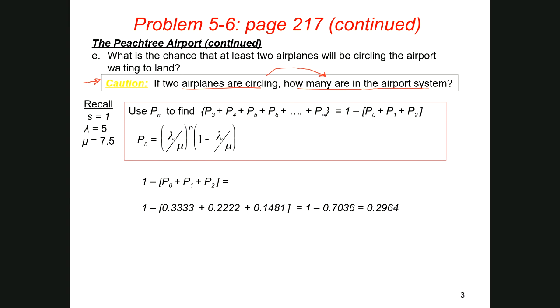And it turns out, of course, if two were circling, then three were in the system. And then the other keywords were at least two airplanes in the system, which would mean three or more in the system. And so we wanted to find the probability that there were three in the system, 4, 5, 6, all the way out to an infinite number of planes in the system.